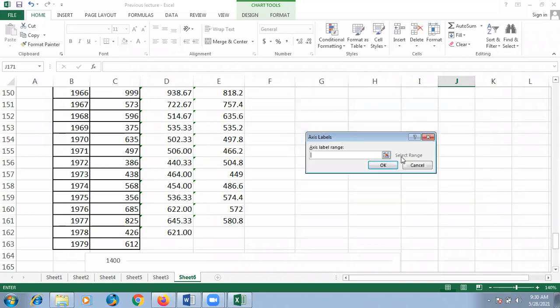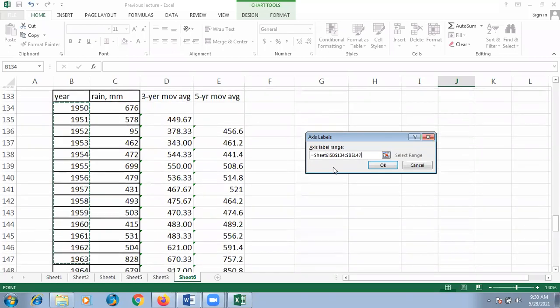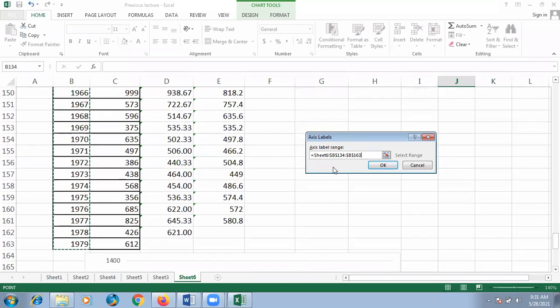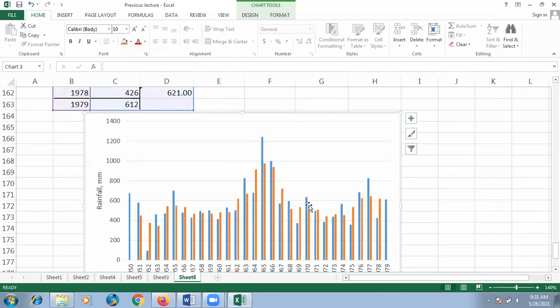Then the axis also needs to be set in the X direction. That also I would set. Okay, then I would say, this we need to represent in the form of a line diagram.